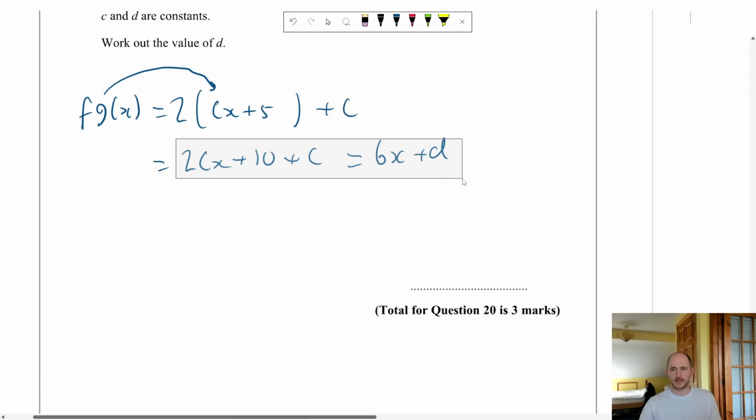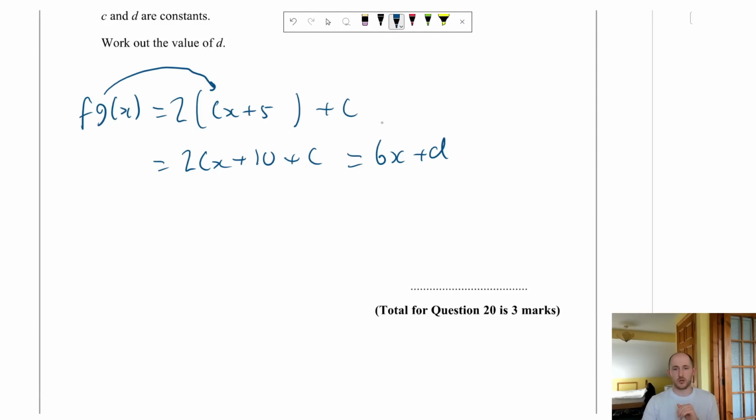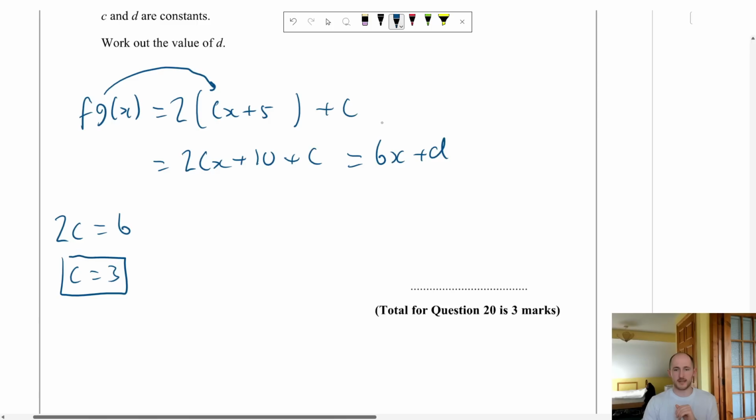If I have a look at this equation, then when I simplify this side, I should get the other side. So in other words, everything in front of x here is the same as everything in front of x here. So 2c equals 6. So c is equal to 3. Because again, everything in front of x here is the same as everything in front of x over here.